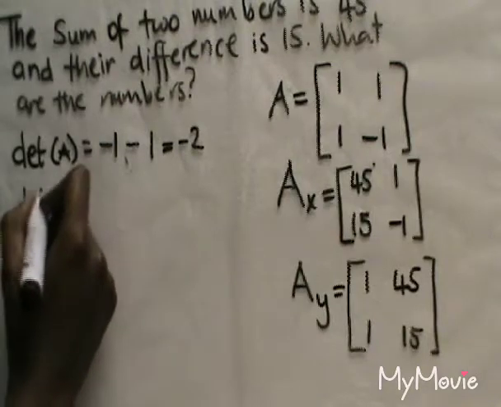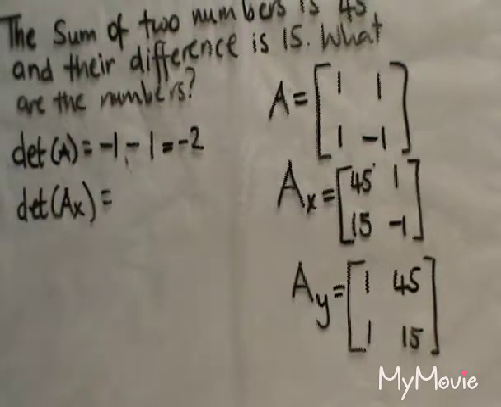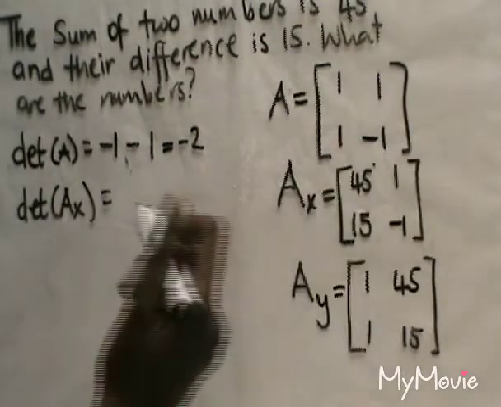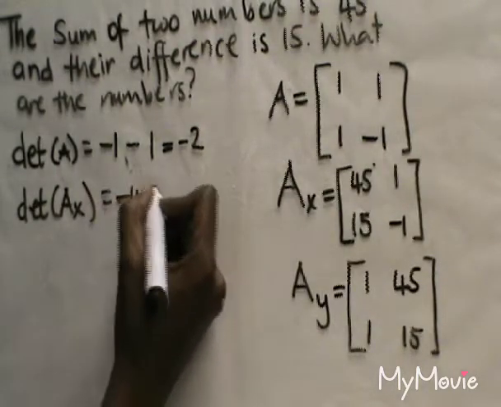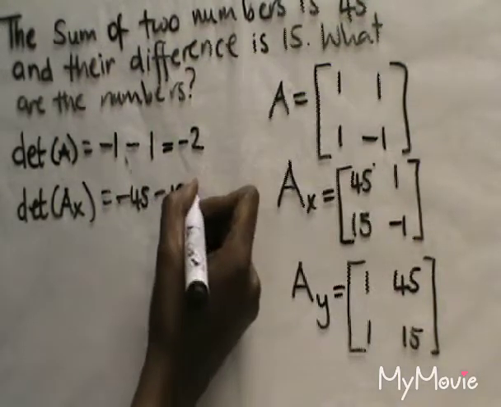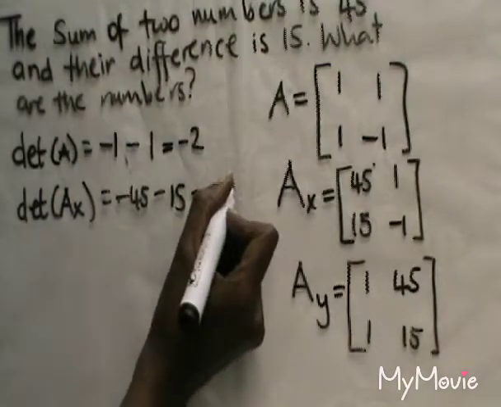Then I have the determinant of AX. The determinant will be 45 times minus 1. This is minus 45. And then I subtract 15 times 1, which is 15. Minus 45 minus 15, that should give me minus 60.